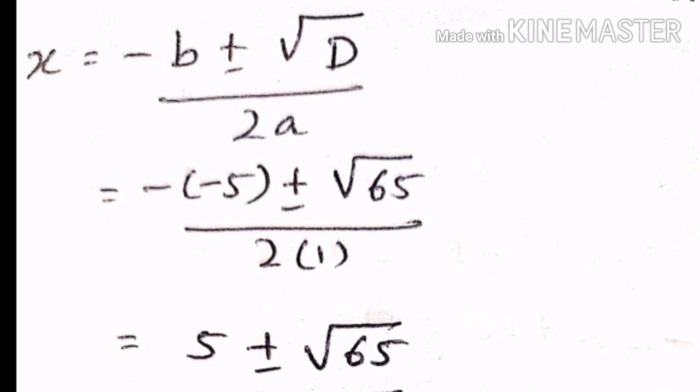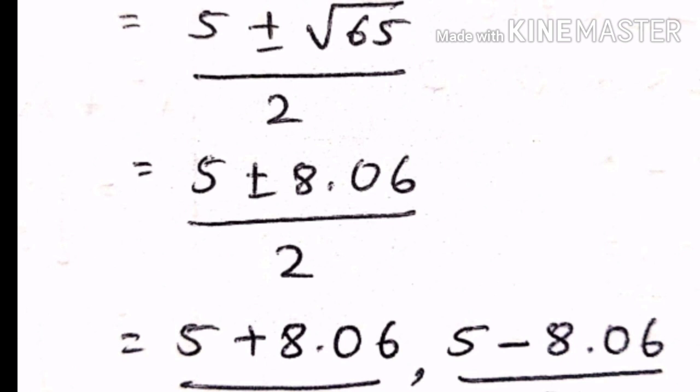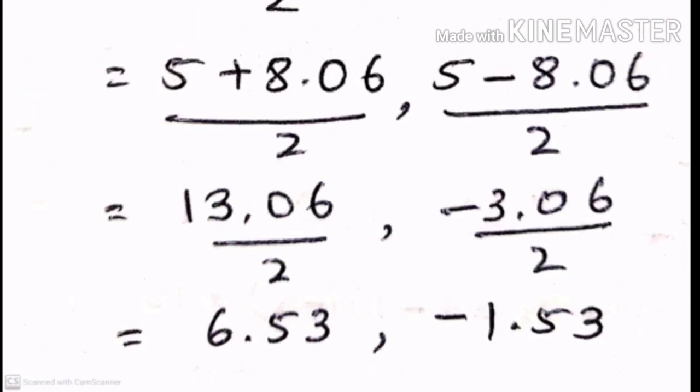Here 65 is not a perfect square number, so you know the long division method to find the square root, and you get the value up to 2 decimal places and keep it in the formula here. So now we get 8.06, that is our under root 65 value. Now I take separate plus and minus of 5 plus and 5 minus.